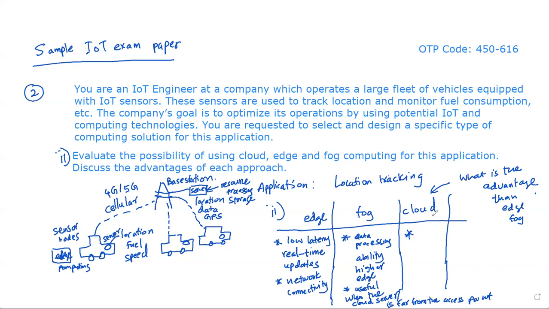Okay, so as the time is going, I will explain. The cloud computing has more resources than fog computing and edge computing to process the data. It has more storage, it has more infrastructure to manage the data.